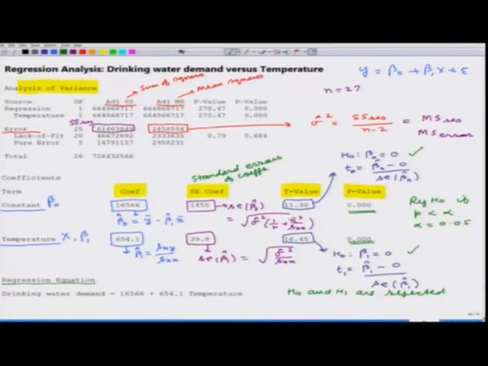And so, drinking water demand, this is here y is equal to, and this is here beta naught hat, and this is here beta 1 hat which we have obtained here times x. So, you can see here this value is coming from here and this value is coming from here. So, based on that, now we have obtained a fitted linear regression model.